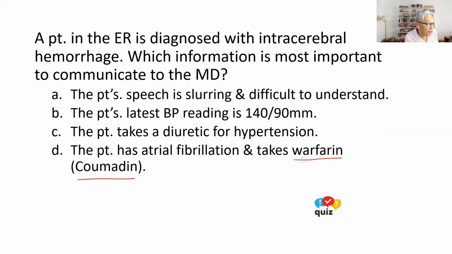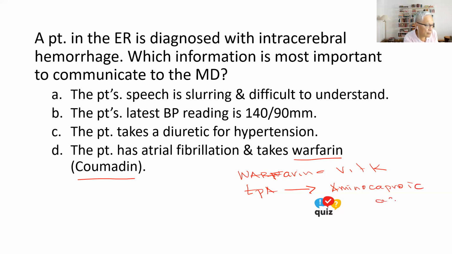So what are the antidotes? So again, the warfarin. The antidote for Coumadin is vitamin K. And the other antidotes you have to remember, particularly TPA. This is something that we would give for patients who are having a stroke. This is known as a fibrinolytic agent. And the antidote for this is aminocaproic acid.